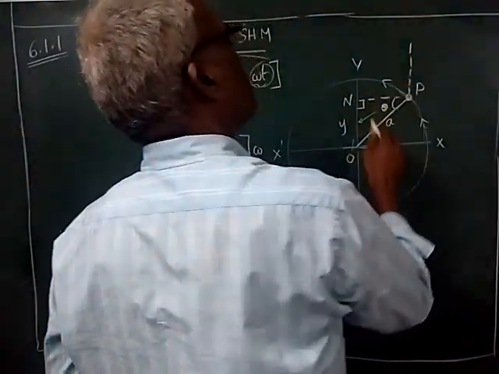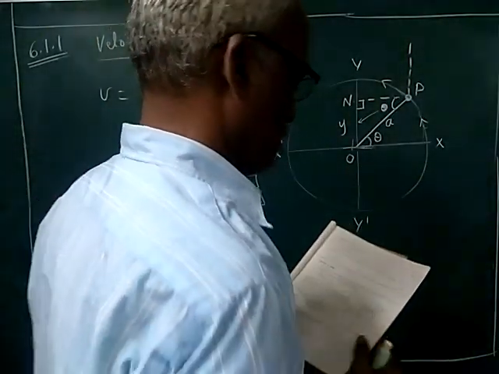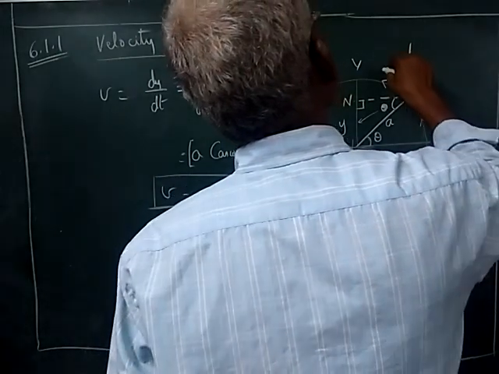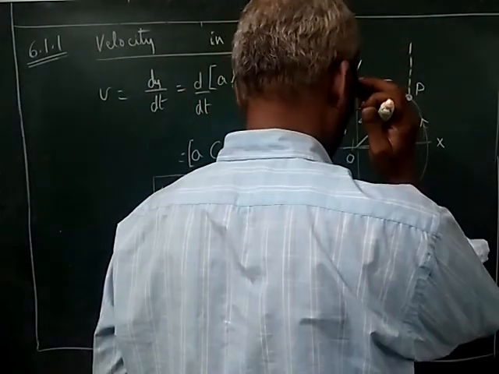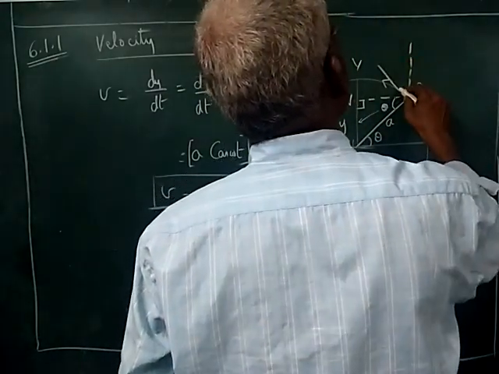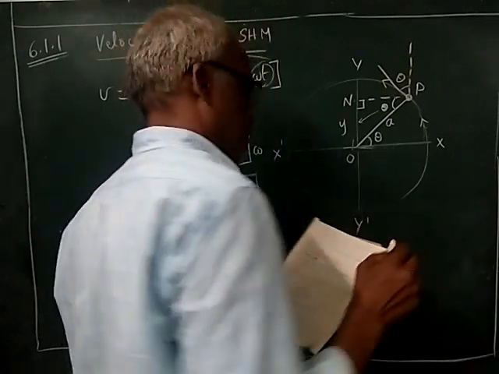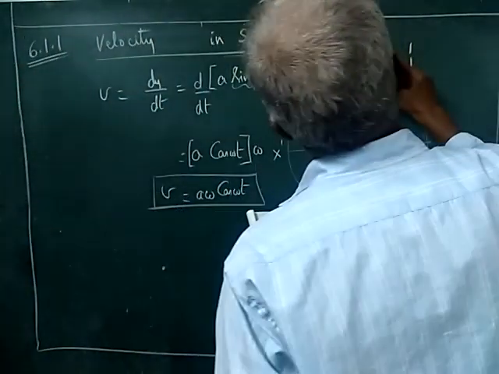This is the vertical component, this is the horizontal component, and this is theta. So v is along in this direction.